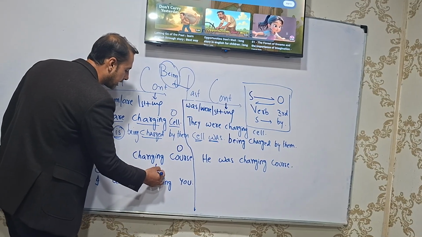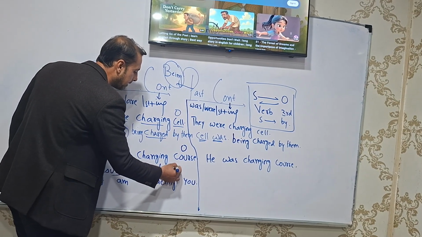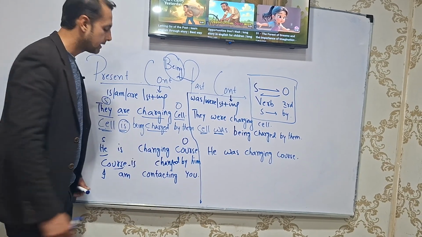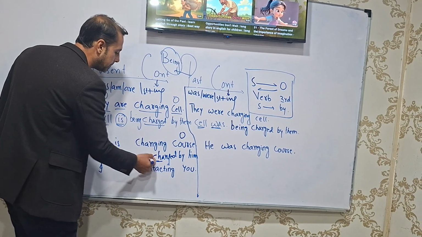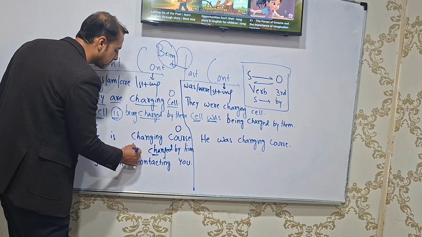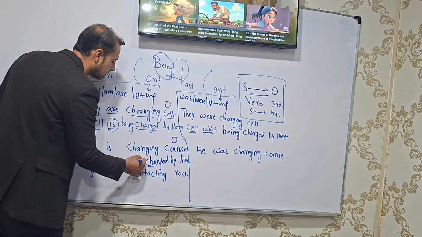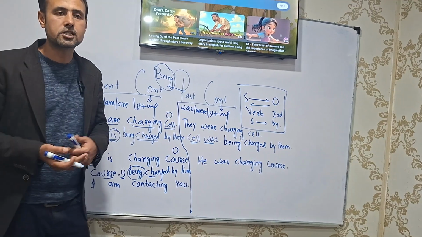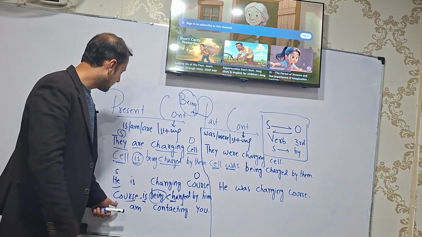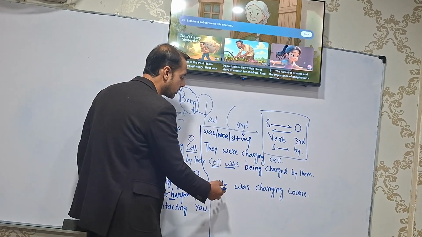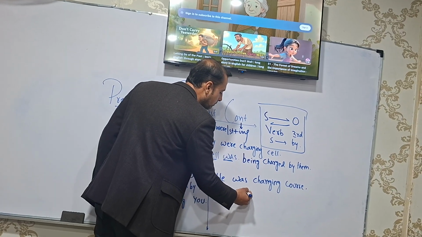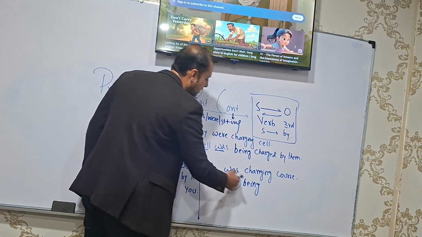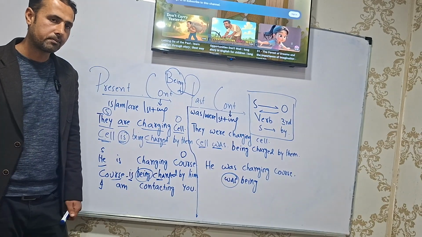Course is changed by whom? By him. But again, in between is and changed, you will bring being, your indicator, to complete your continuous passive voice. If you look towards the past mode of it, we would use was being changed. You just change one thing, and that is the helping verb.